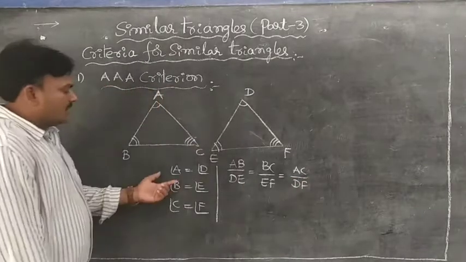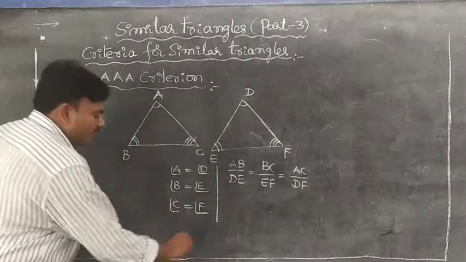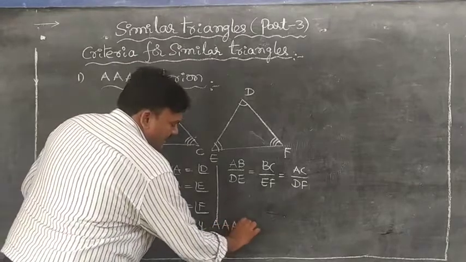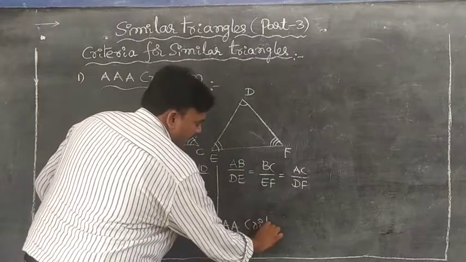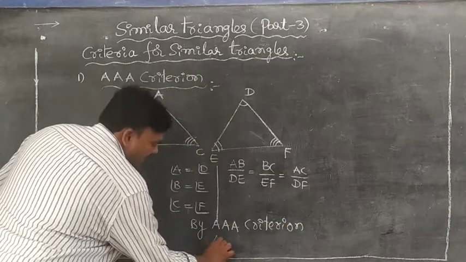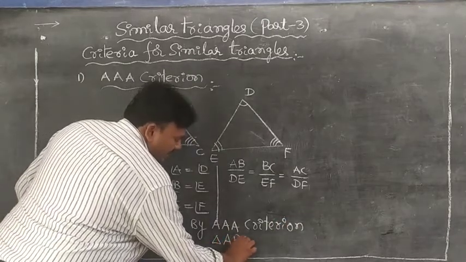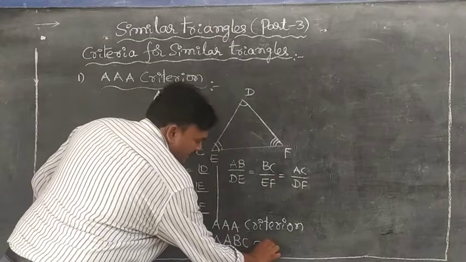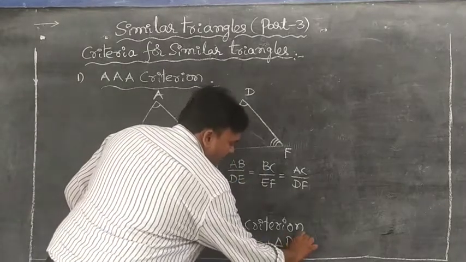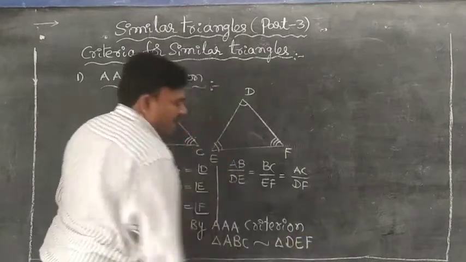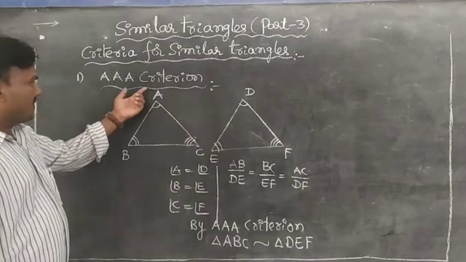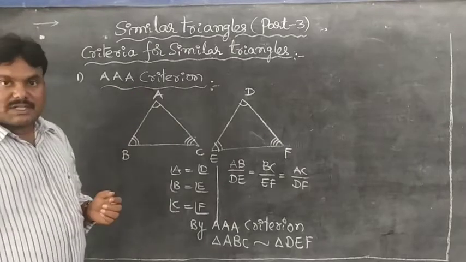Here we use 3 angles. That's why, by AAA criterion, triangle ABC is similar to triangle DEF. So this is the first criterion, students, and let us go for the second one.